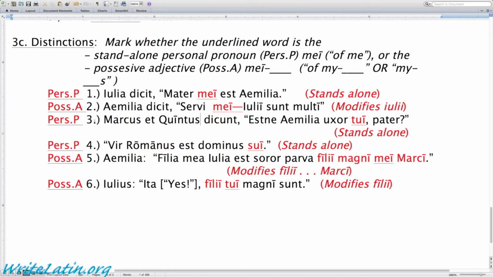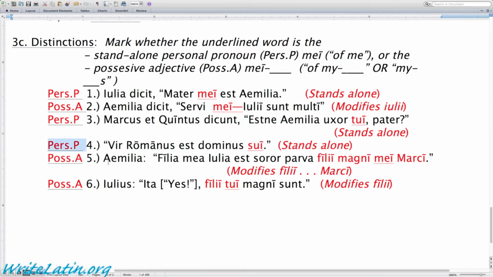Who's Julius? My Julius. Next one, Marcus and Quintus say, is Amelia the wife of you, father? Of you stands alone. It does not modify any other noun, so it's a personal pronoun. Pronouns stand alone. Adjectives don't. Number 4, a Roman man is master of himself.